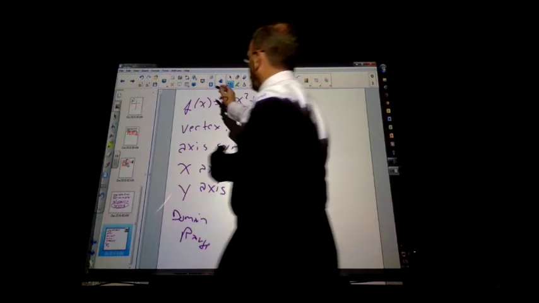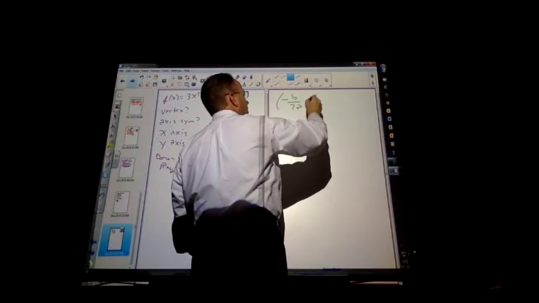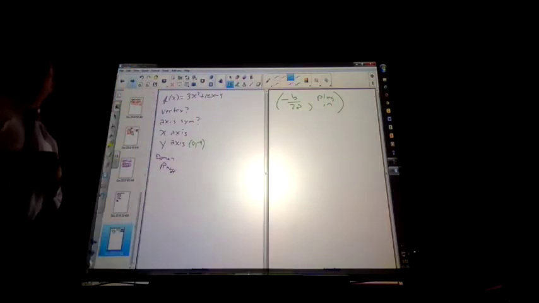Okay, let's split this up. Okay, how should I go about finding the vertex? I like it. Negative b over 2a, what do you think? So if I do negative b over 2a, comma, plug in, that's going to work nicely for me.